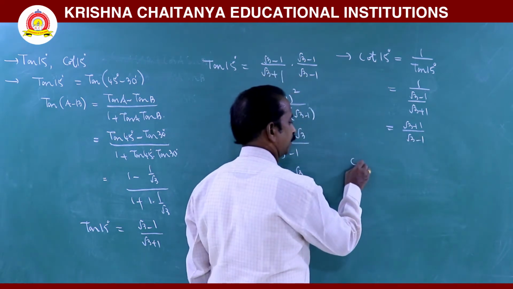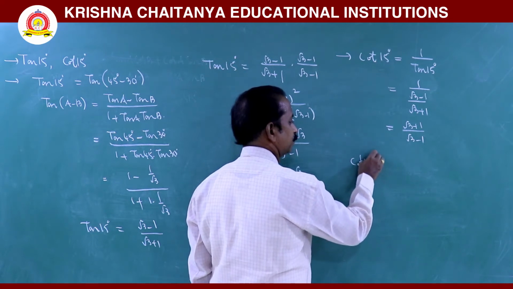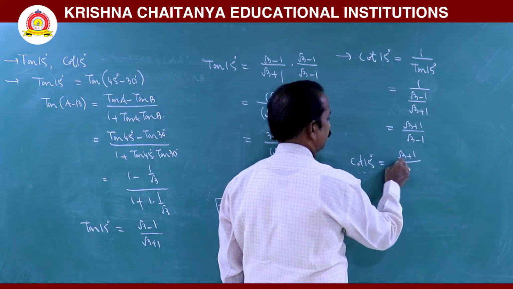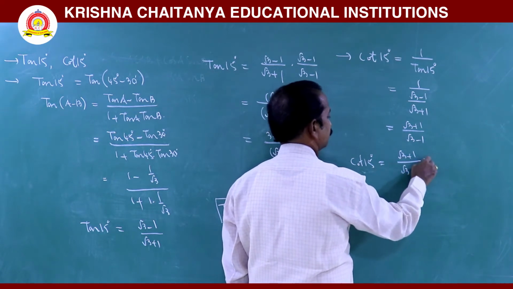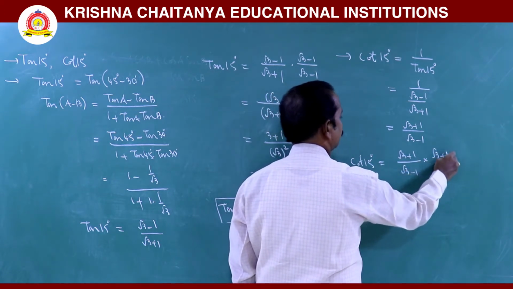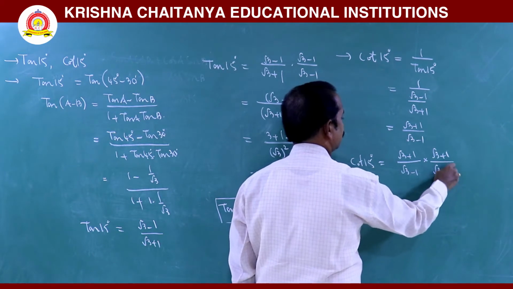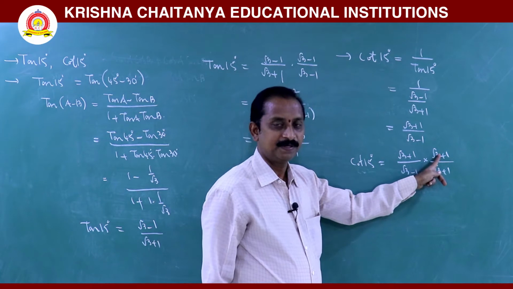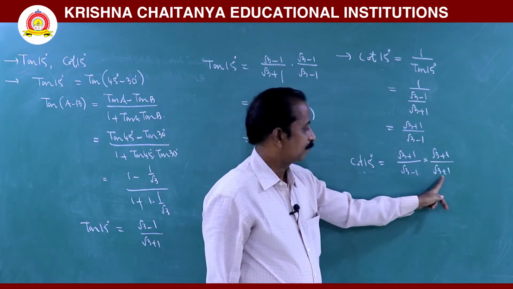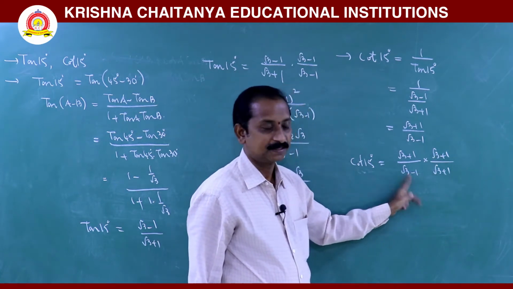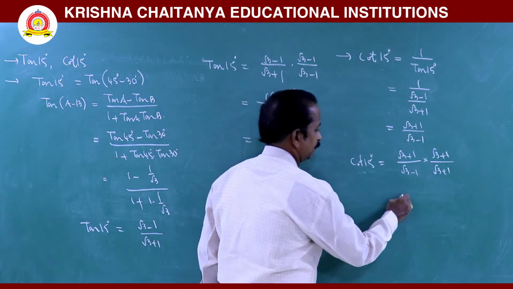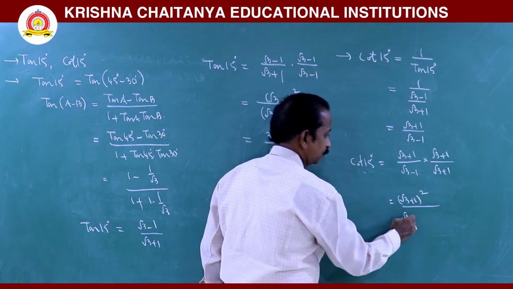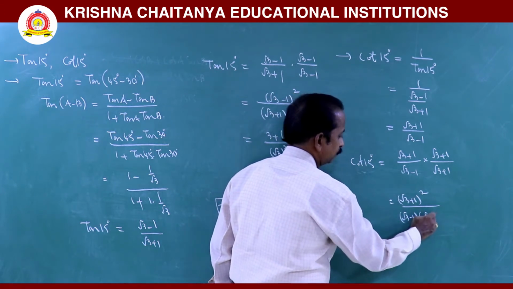So we get root 3 plus 1 by root 3 minus 1 into root 3 plus 1 by root 3 plus 1. The numerator is in the form (a plus b) into (a plus b), and the denominator is (a plus b) into (a minus b). So (root 3 plus 1) whole square divided by (root 3 minus 1) into (root 3 plus 1).